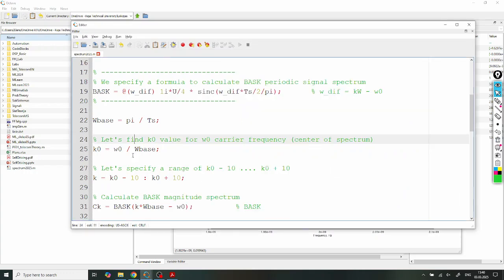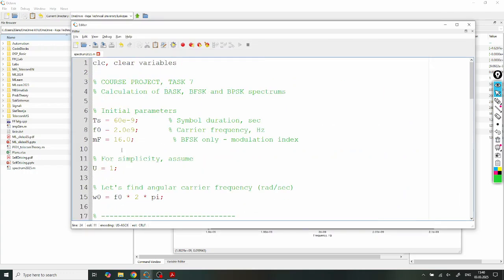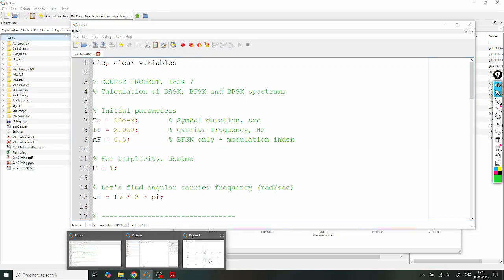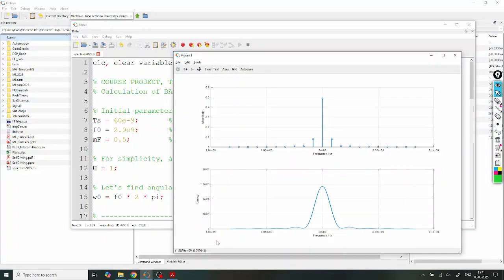Yes, and well, if we have a modulation index, I believe, of 0.5, then, yes, as we discussed in theory, we have almost amplitude shift keying, but the value here is not 0.25 though.